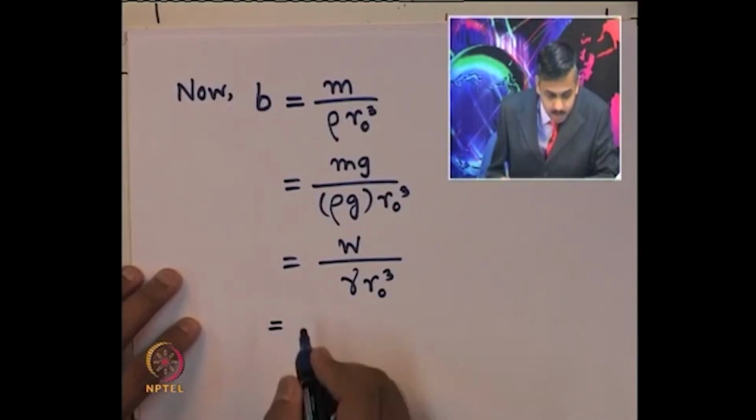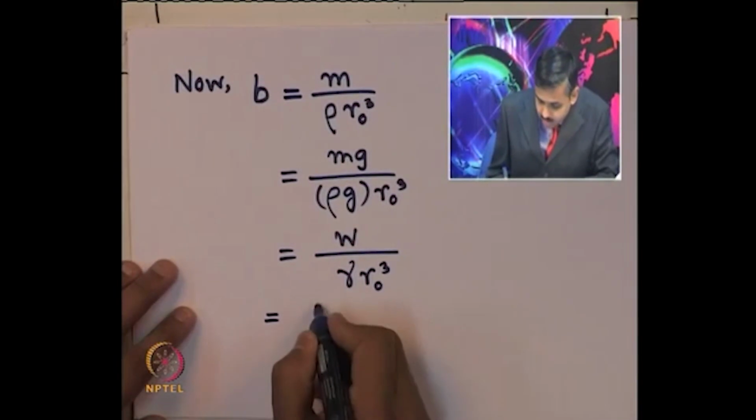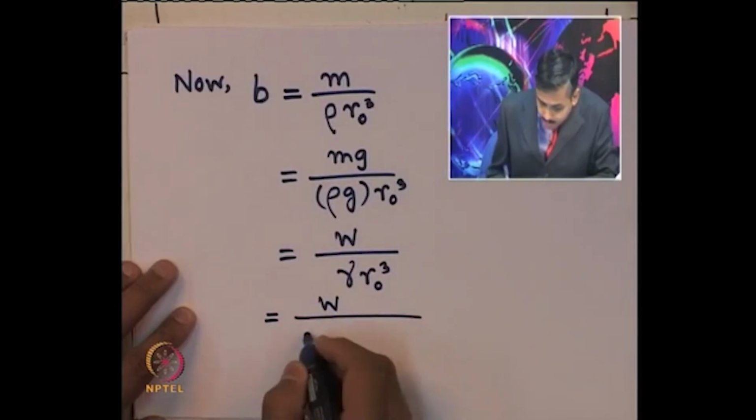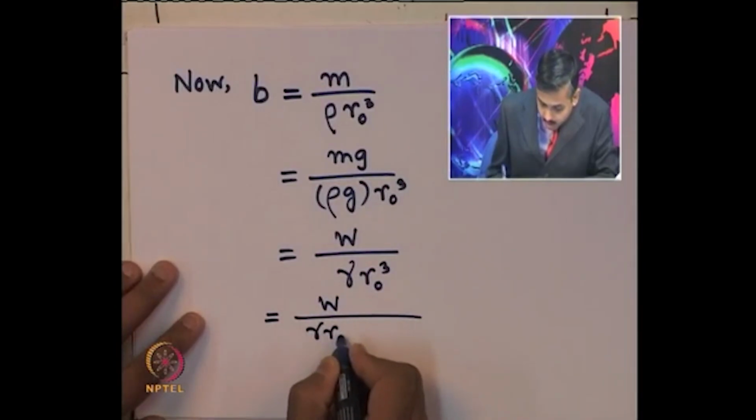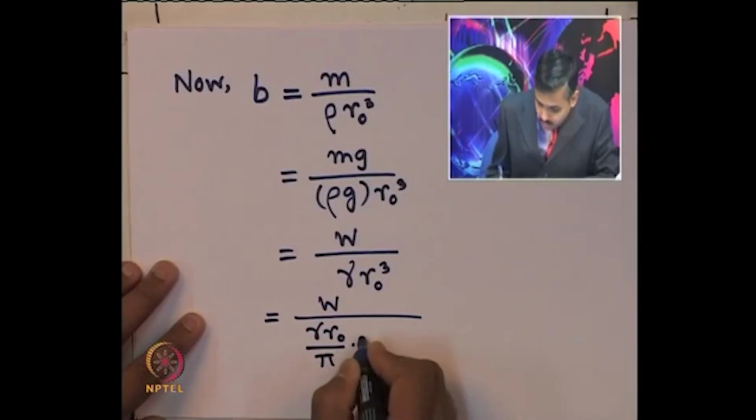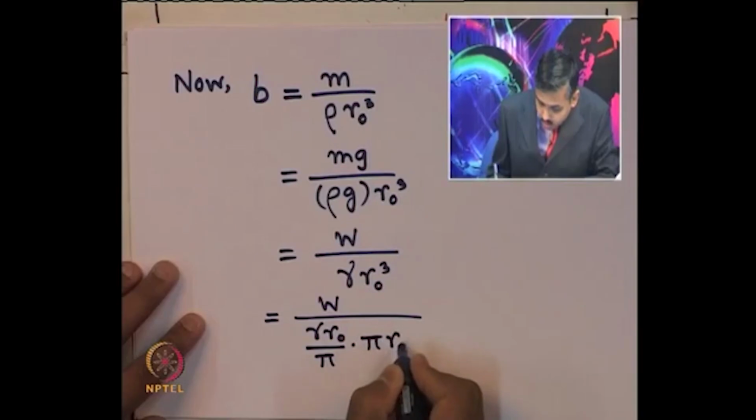So, on further simplification we can write it as W by gamma r naught by pi into pi r naught square.